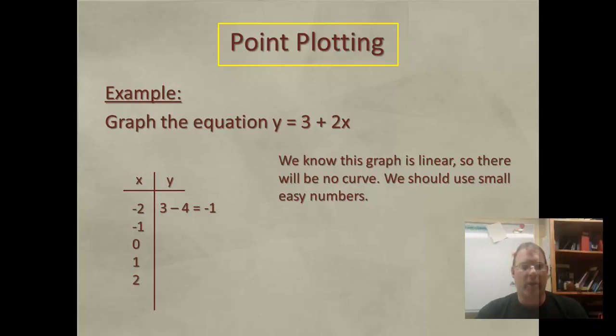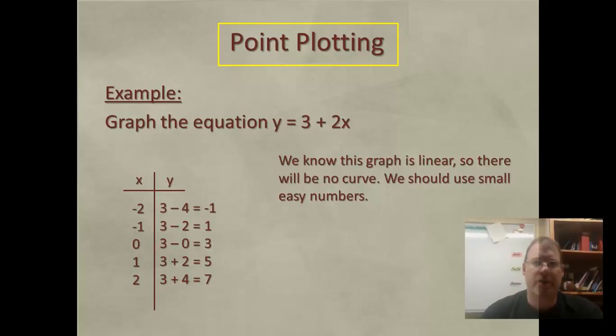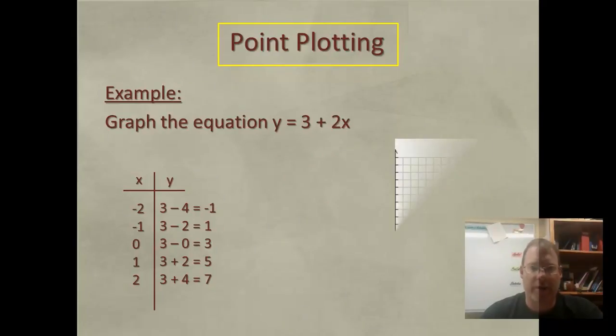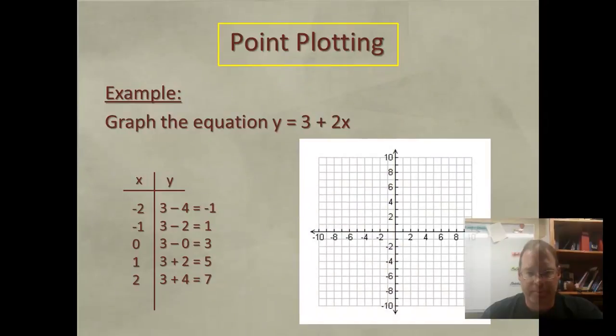We plug -1 in, 0, 1, and 2. Okay, so now I have the coordinates for this particular equation. So now I just graph it. And that's what it looks like.